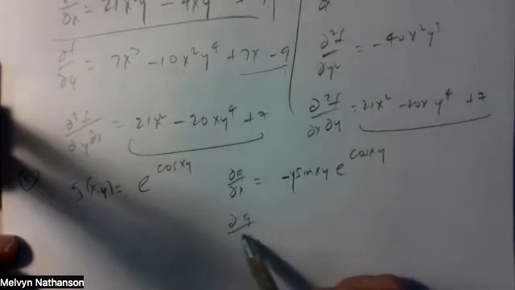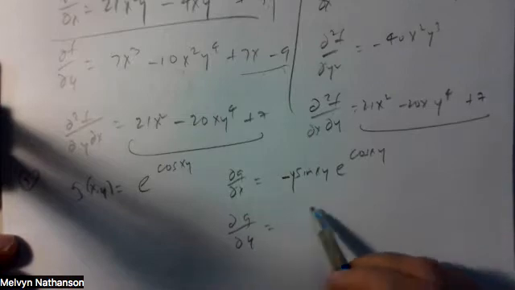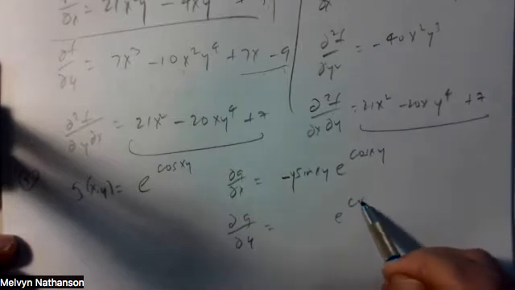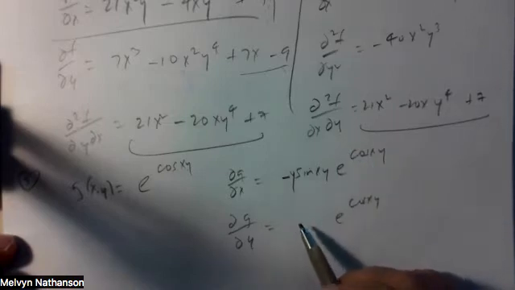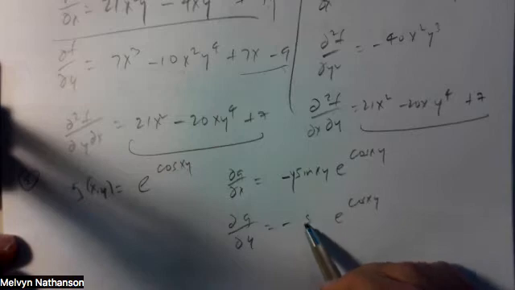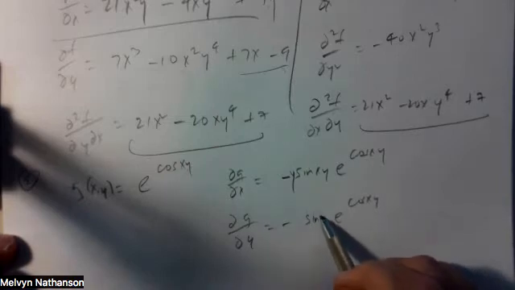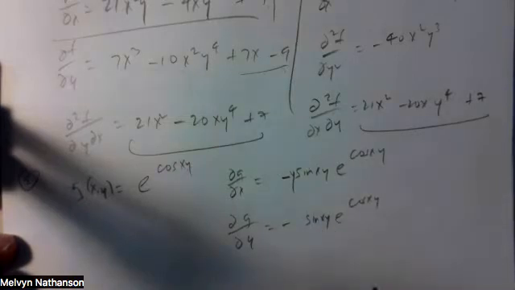And the partial of g with respect to y is, I have e to the cosine xy. If I differentiate this with respect to y, I get minus sine xy times x.